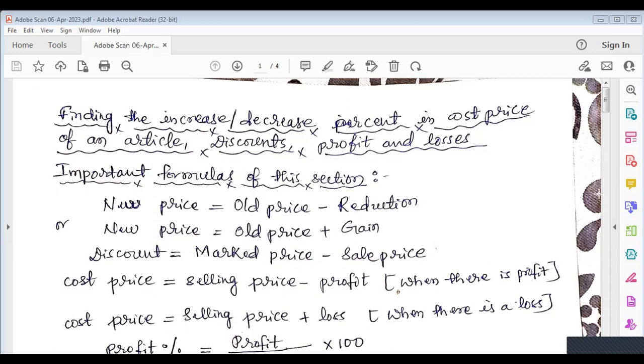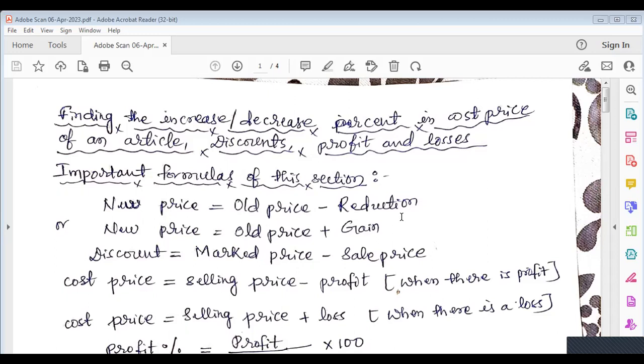So, the important formulas of this section are this one, new price. New price is calculated as new price is equal to old price minus the reduction.